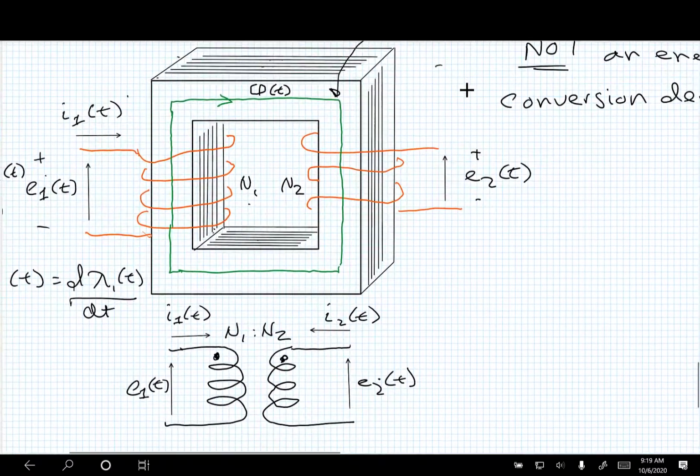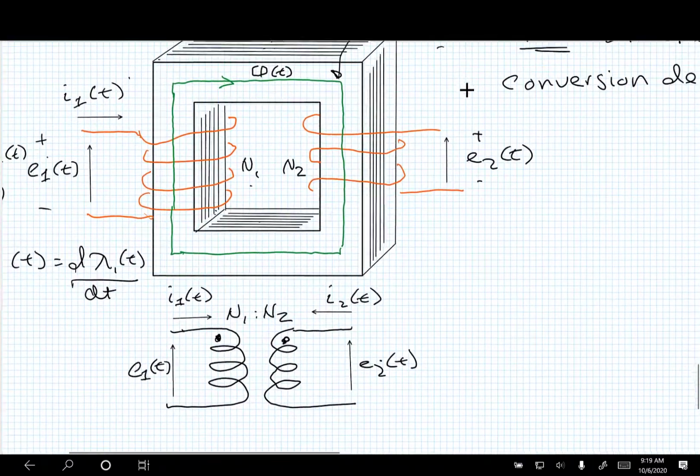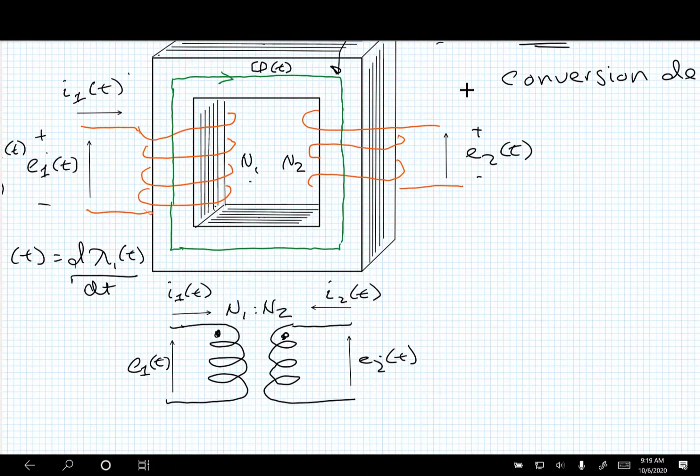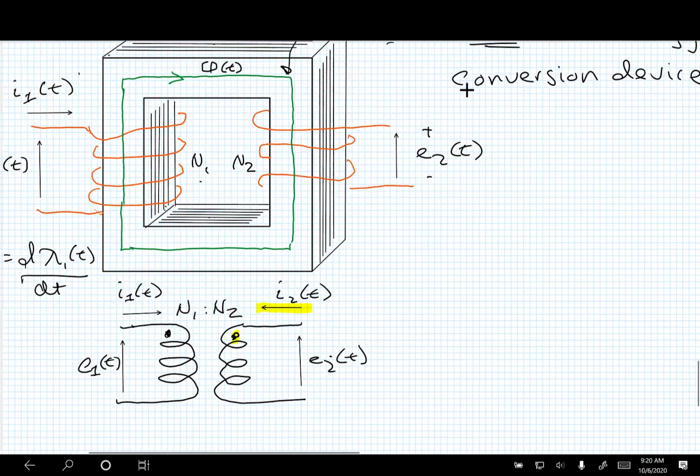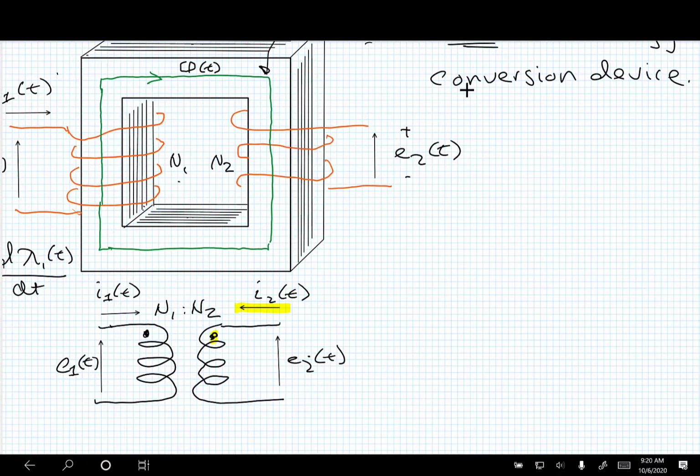And so what we're saying, because this arrow down here is pointing into the dot, is that we can understand what I'm trying to say by looking at the magnetic circuit.